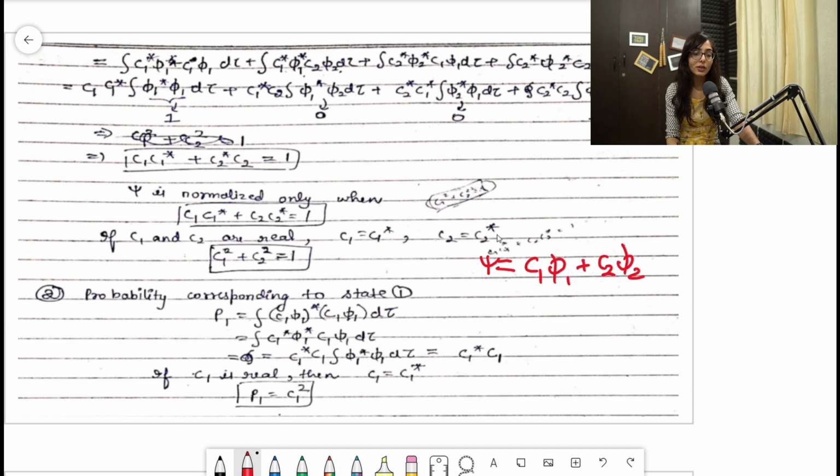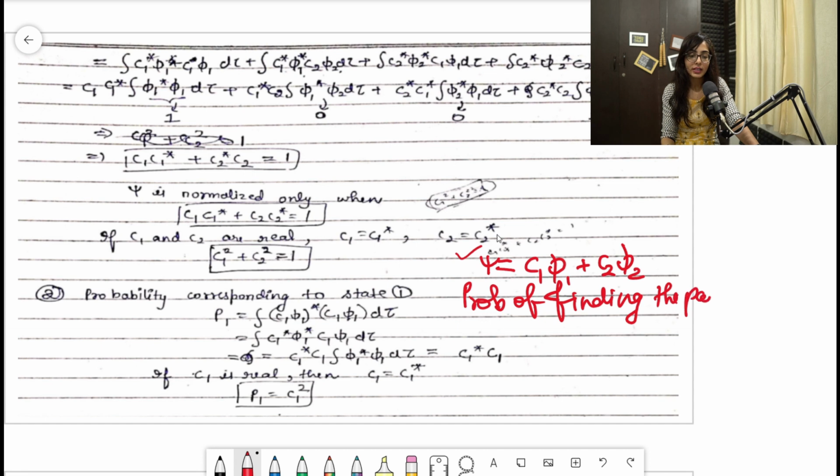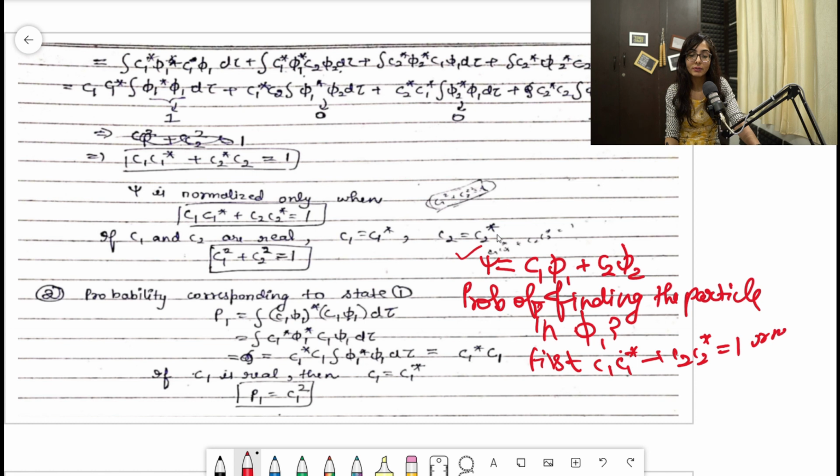So the examiner will be asking, this is the superposition principle, tell us what is the probability of finding the particle in phi 1. First you will check the condition: C1 into C1 star plus C2 into C2 star is equal to 1 or not. If it is not equal to 1, I told you what you have to do.